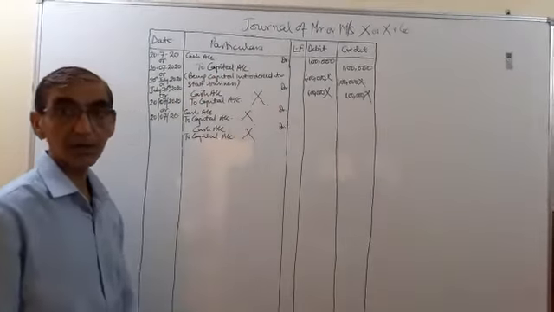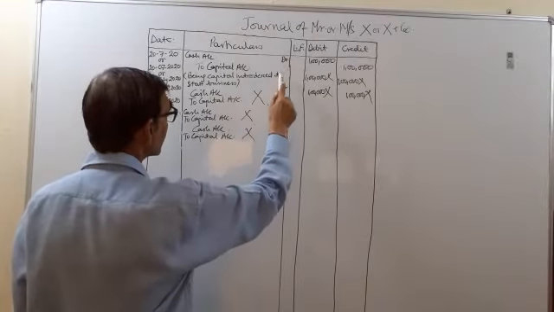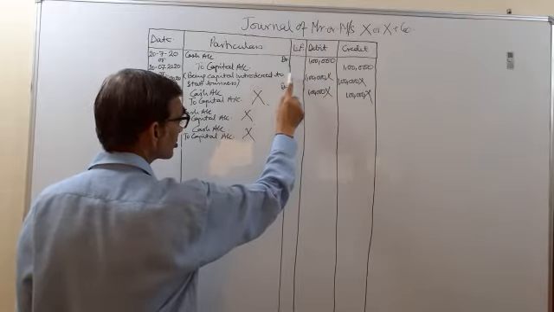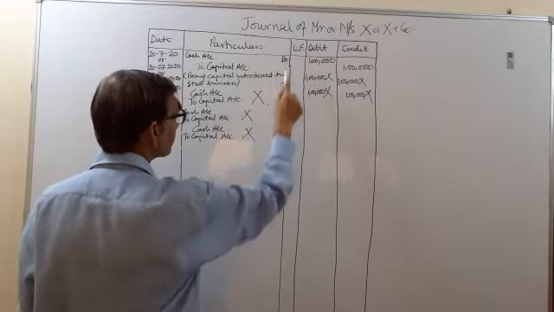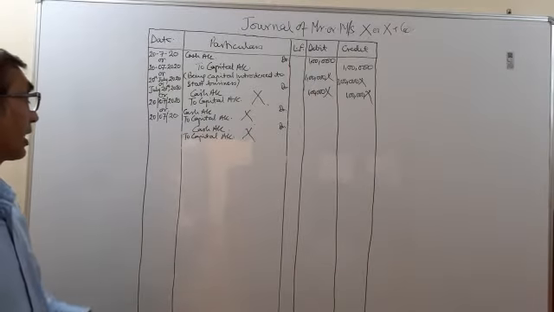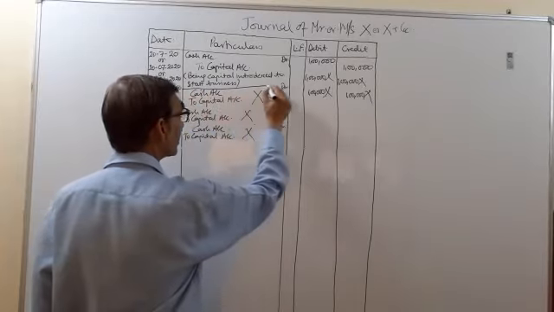One thing should be remembered, that while writing the narration, the alphabets or the sentence may not cross the particular column line. After writing the narration, a line will be drawn.